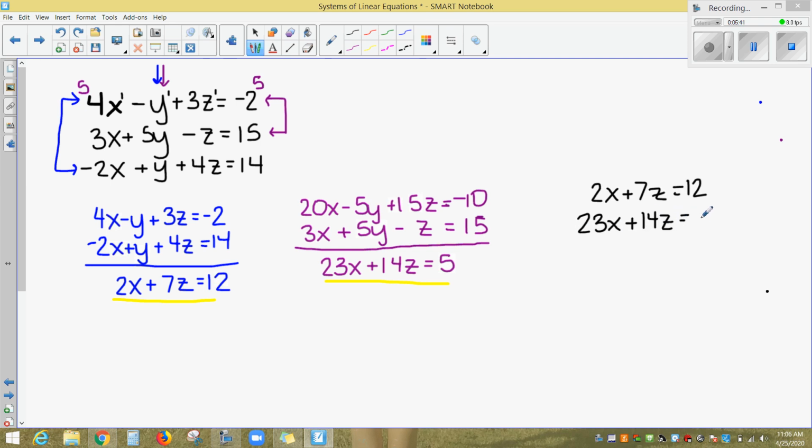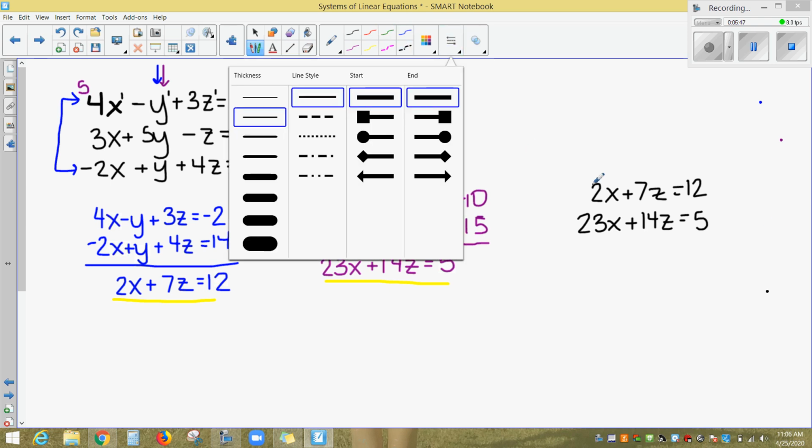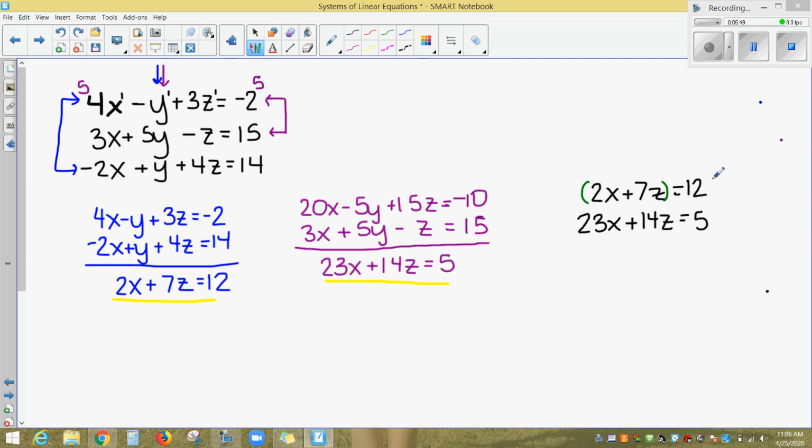So once again, I'm going to do substitution or elimination. My vote is elimination, and I'm going to get rid of the z's. So all I have to do is change the top equation here. That gives me negative 4x minus 14z equals negative 24 on the top equation.